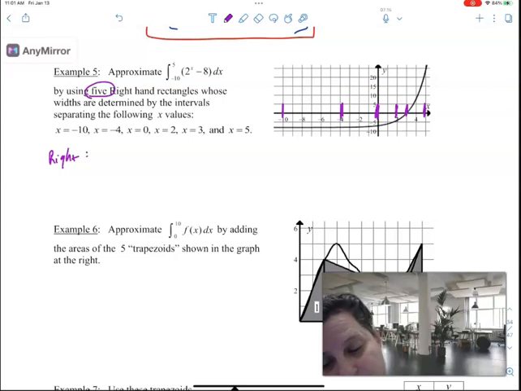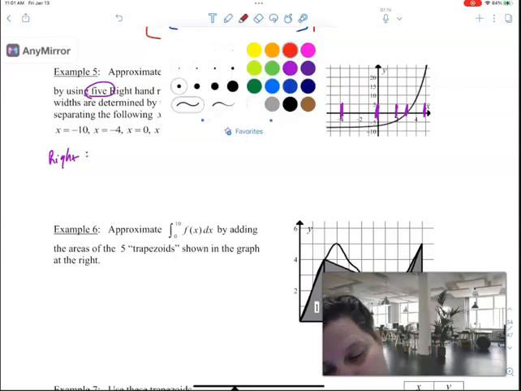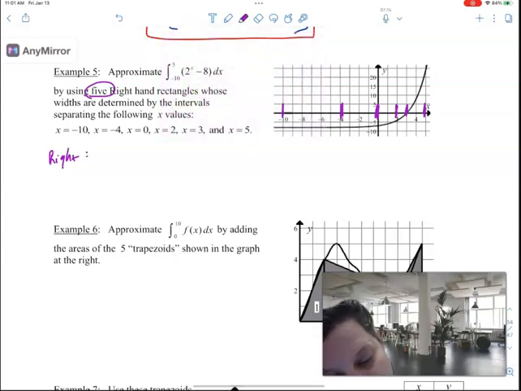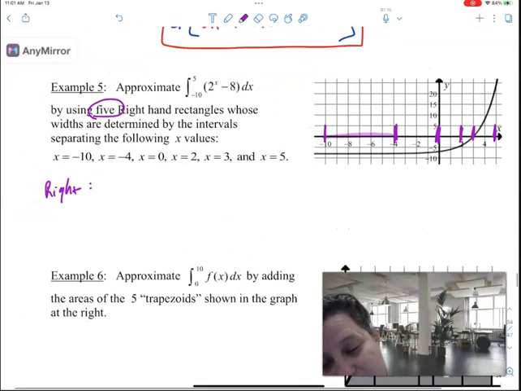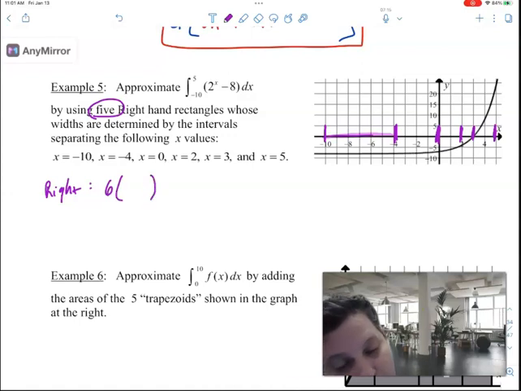So if you guys check this out, the base of the first rectangle from -10 to -4, that's what, 6? And I have to do a right-hand sum, so the height of the one on the right. So I'm going to do f of -4. I'm going to set this up and then I'll do it. The next one has a base from -4 to 0. That has a base of 4.